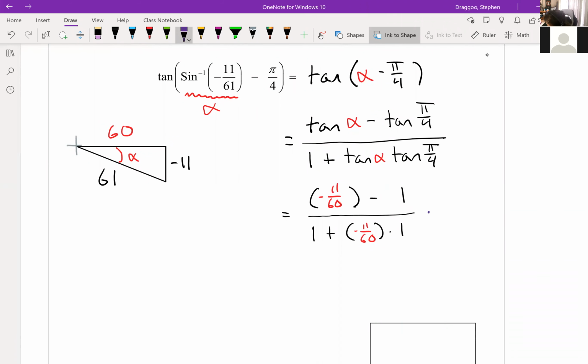In order to do that, we'll multiply by 60 over 60, clear out our extra denominators. That should give us negative 11 minus 60 divided by 60 minus 11.